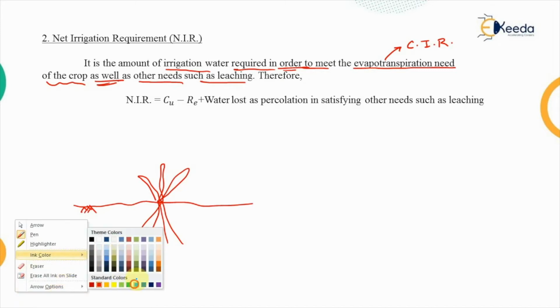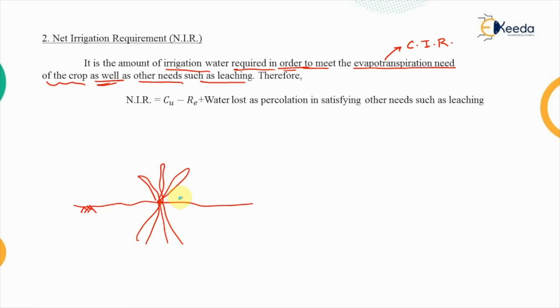Now on the ground level, if there are certain salts which have remained on the soil, what we will do is flood this portion of the area, and when it is flooded, these salts will get dissolved in this water, and when this water percolates within the soil, those salts are leached from the surface. This complete process is known as the leaching process.